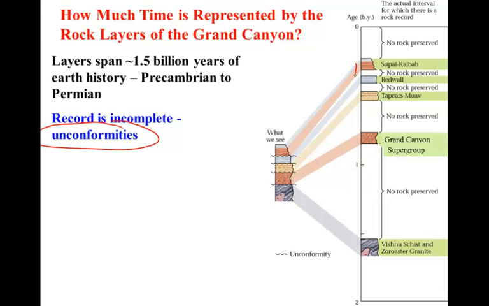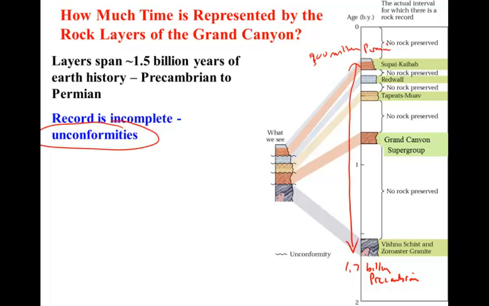There's a wide range in ages of rock seen at the Grand Canyon, from about 1.7 billion years old to about 300 million years in age. In other words, Permian to Precambrian in age. Permian, Precambrian referring to intervals of geologic time.